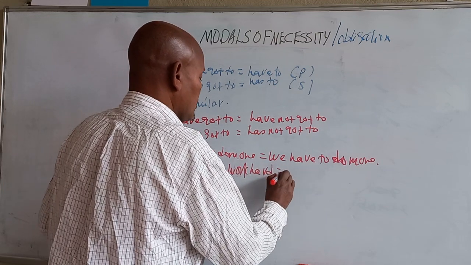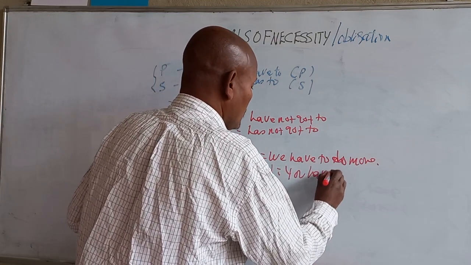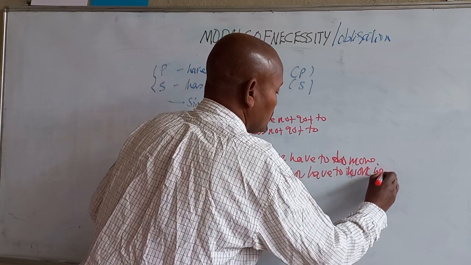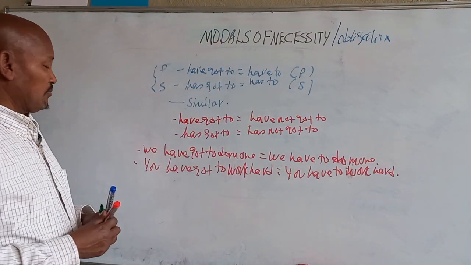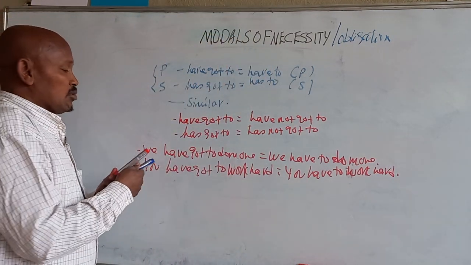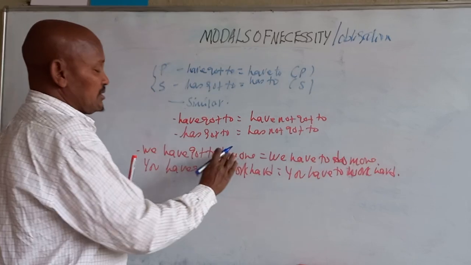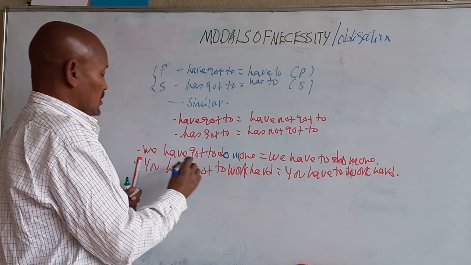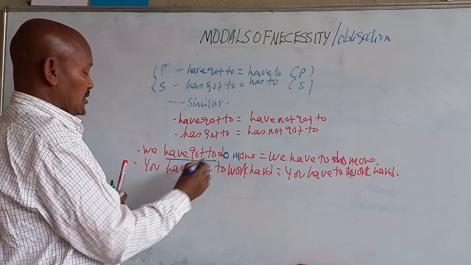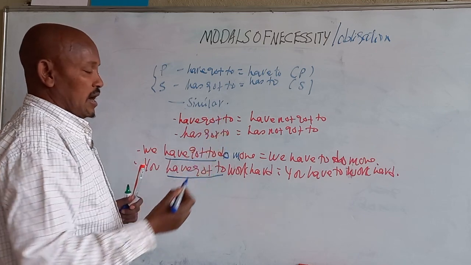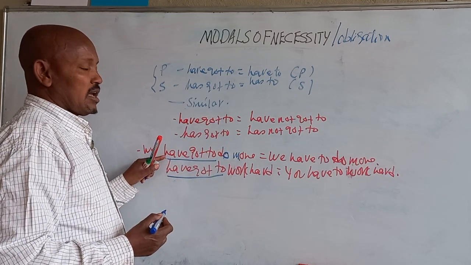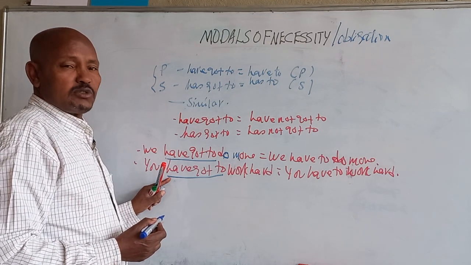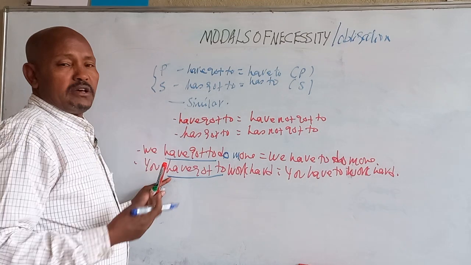It means you have to work hard. Look, this example is here. We have got to work, to do more, which means it is necessary to do more. Yeah? You have got to work hard. It is necessary to do more, and then you will be productive. You have got to work hard. It is necessary to work hard, and finally, you will be profitable.